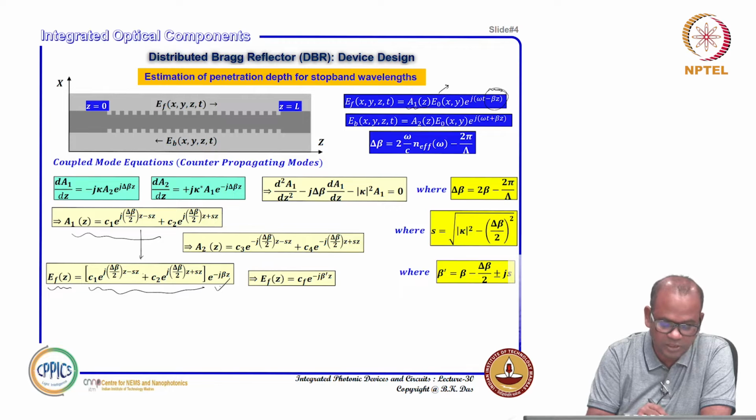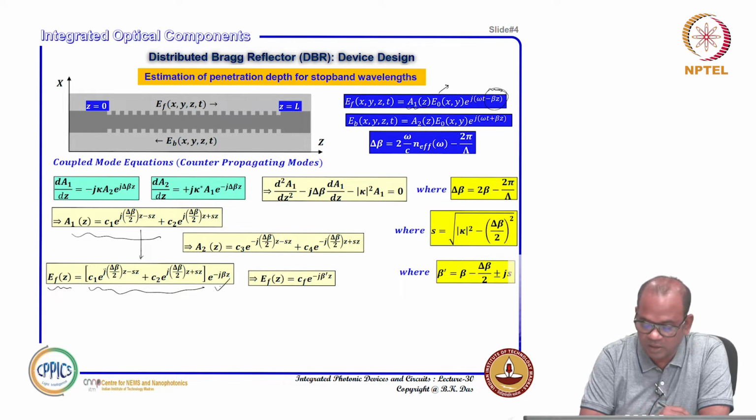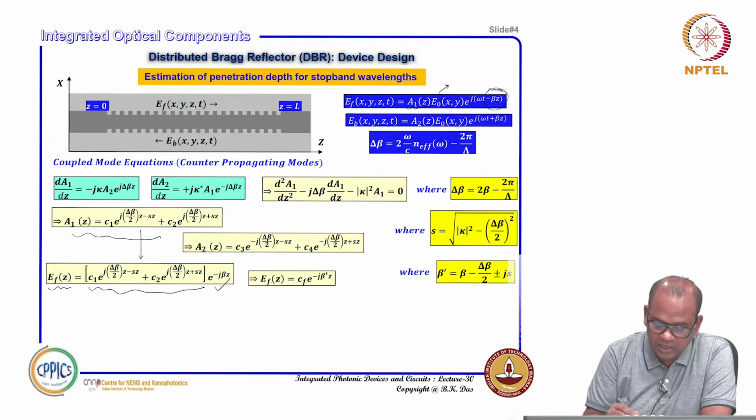Some phase will also come from the exponential and imaginary part. With a little bit of maths, EF of z can be written as CF e to the power minus j beta prime z, where beta prime can be written as this. Two values you will get, one for plus, another for minus.